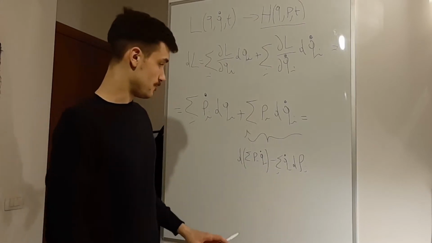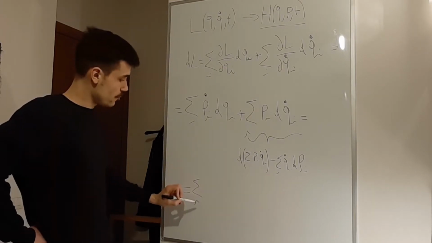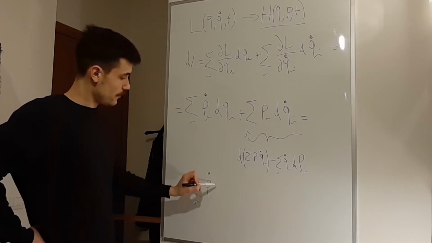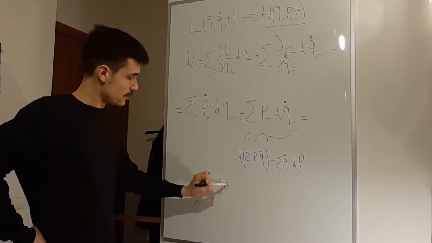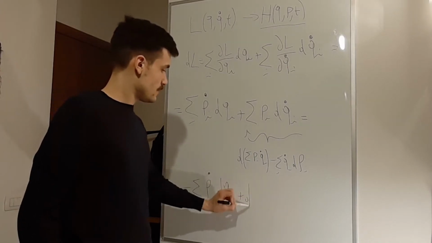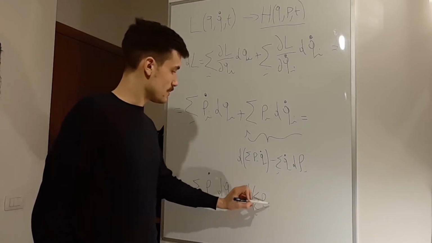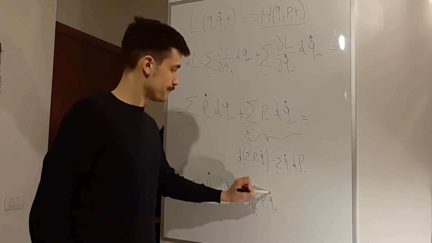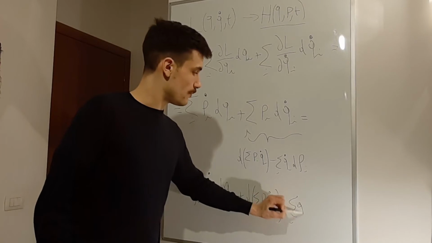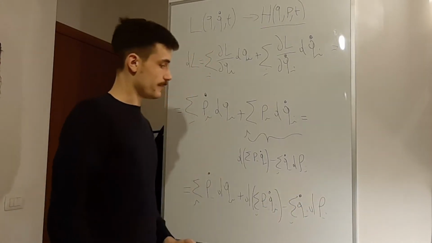It's a little trick, nothing more. Thus, the differential of the Lagrangian has the form of the sum over the time derivative of the momenta times the differential of position, plus this differential we just inserted, minus the sum of the velocities times the differential of the momentum.